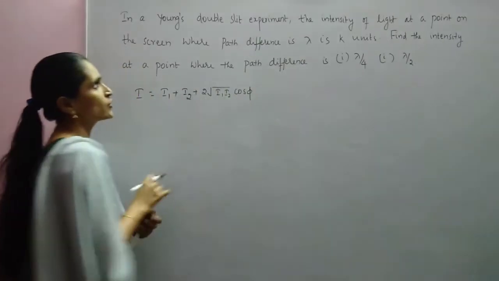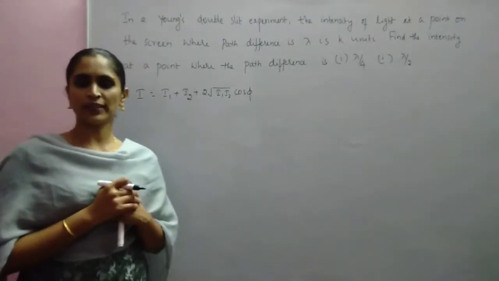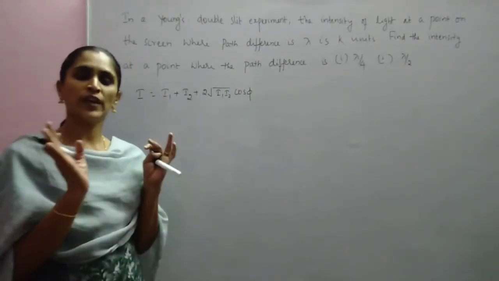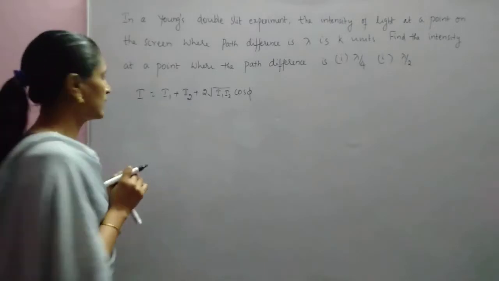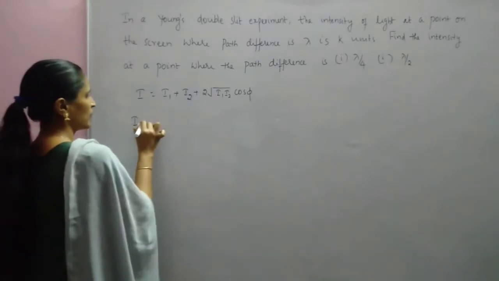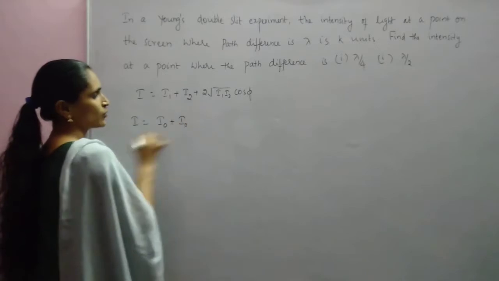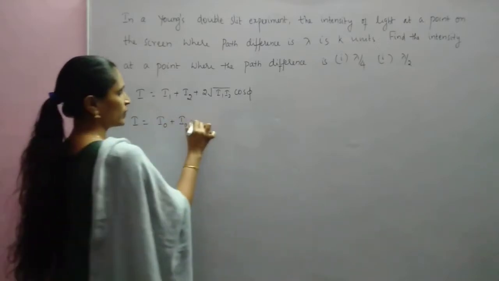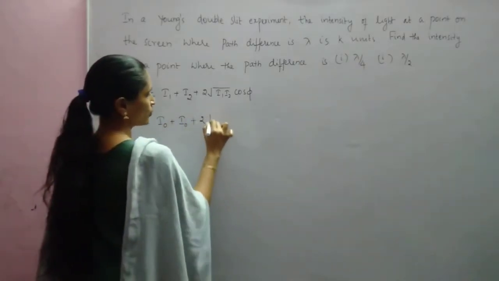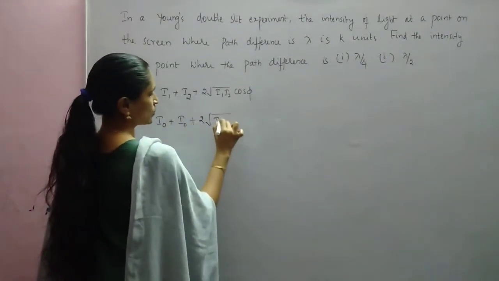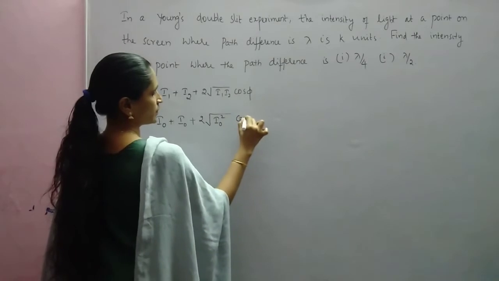So here we can assume that in the case of Young's double slit experiment, both waves have the same intensity. So we can write I is equal to I0 plus I0, if I0 is the intensity of the initial wave, plus 2 into root of I0 square cos phi.